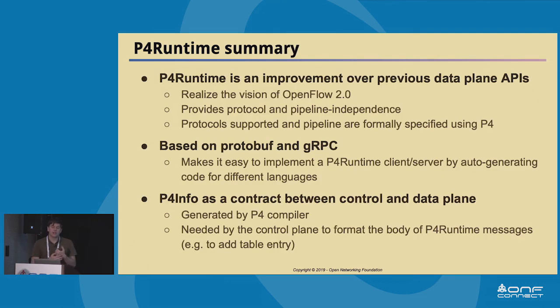So to summarize, P4Runtime is an improvement over previous data plane APIs. I didn't talk much about the comparison between OpenFlow and other APIs, but if you have questions, we can talk about this more. But the idea is that P4Runtime realized the vision of OpenFlow 2.0, that is of becoming more protocol independent. If you follow the OpenFlow specification, you might be aware of the fact that OpenFlow 1.0 supported just a few header fields, like 12, if I'm not mistaken.